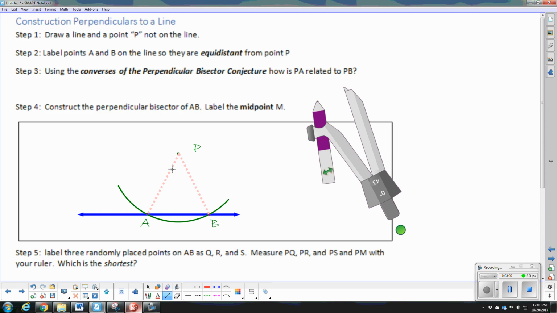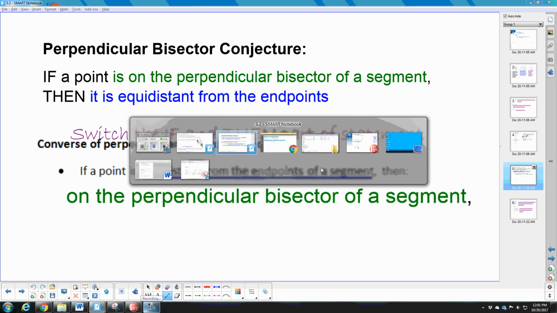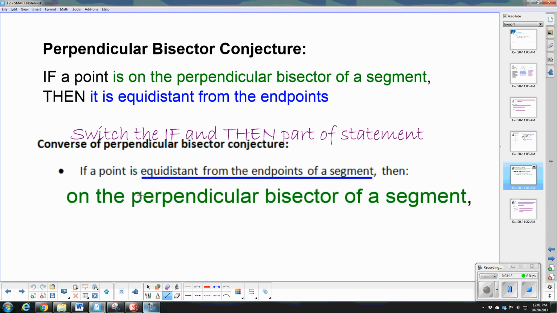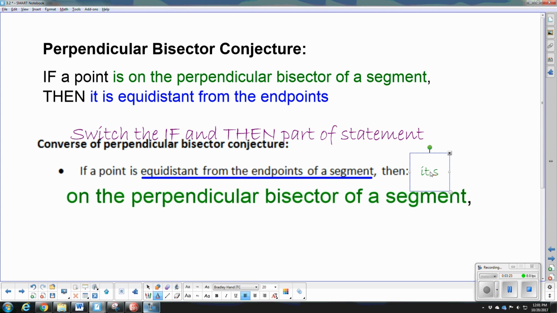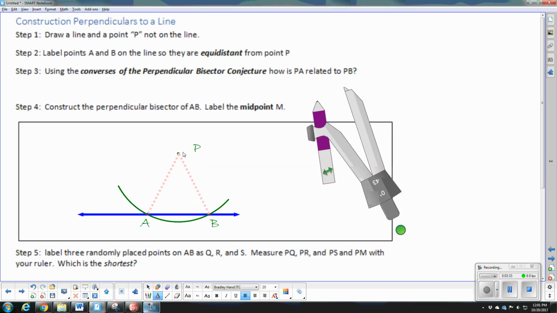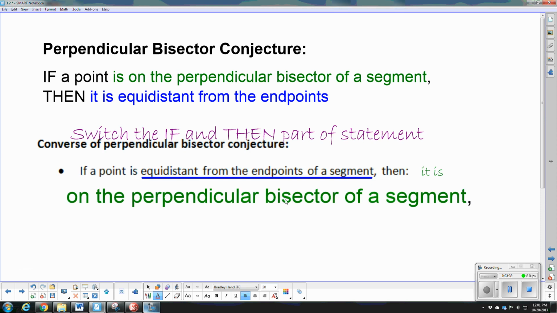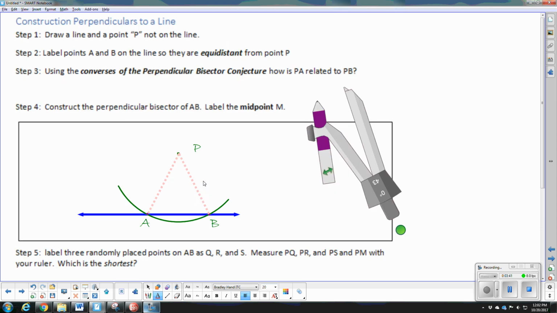Well, you might be able to see that they look like they might be congruent, but let's go back to our conjecture and see what that says. It says if a point is equidistant from the endpoints of the segment, then it is on the perpendicular bisector of the segment. Point P is equidistant from A and B, so it is on the perpendicular bisector of the segment.